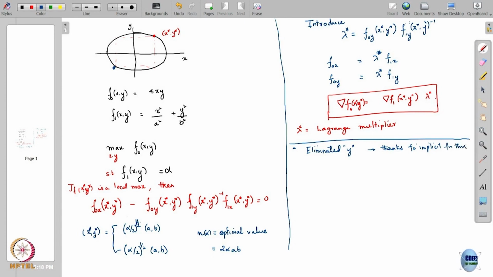We eliminated this y thanks to the implicit function theorem. That then gave us an optimization over x on an open set.